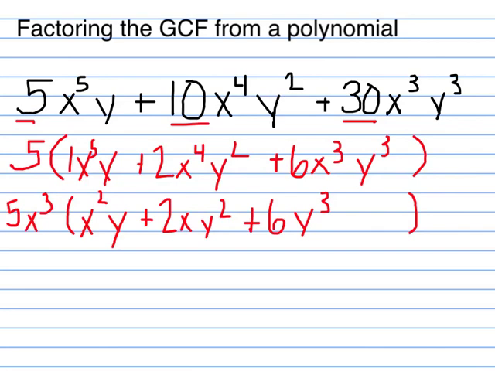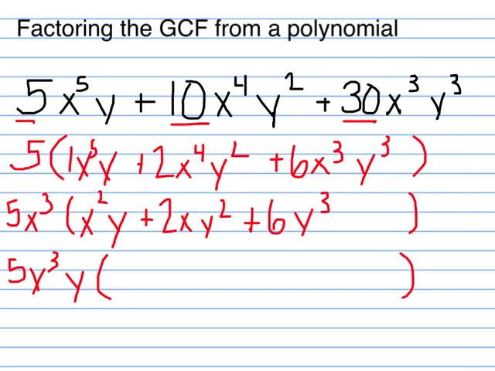So I've pulled my greatest constant out I can, my greatest x variable out I can. Now let's pull the greatest y variable out we can. So we have y to the first, y to the second, and y to the third. The smallest y that we have in each of those is y to the first. So I'm going to factor x cubed y to the first out.